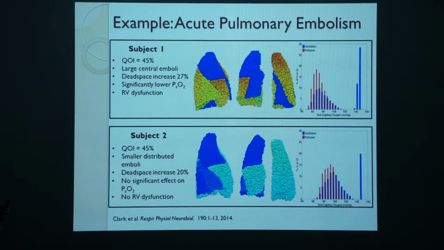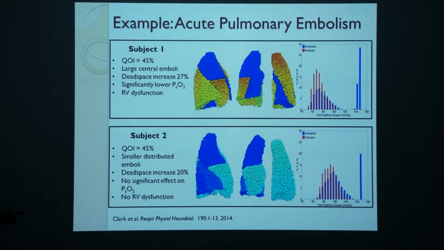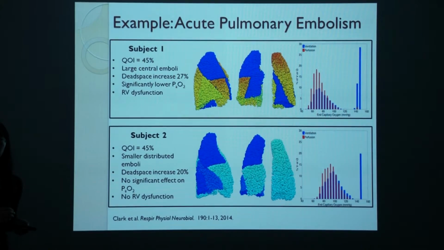And what our modeling is showing is that the visualization, so this is the visualization in single-subject function, of the size and the location of your embolism for each individual patient is very important in predicting how severe their dysfunction is, and very important in classifying the patients into higher or lower risk groups, which cannot be predicted by using a simple clinical index like a clot load score.